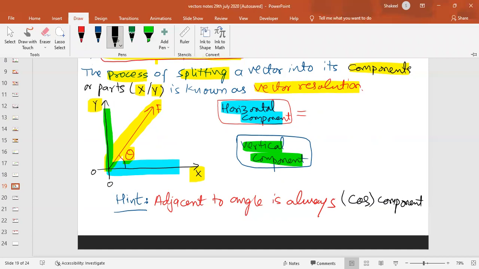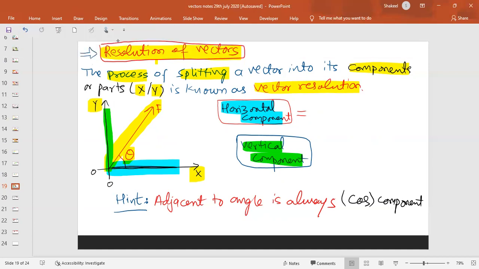First of all, you have to see that this component which will be acting along X-axis, that is adjacent to angle, that is always cos, F cos theta. So this is equal to F cos theta. And the other component that is acting along Y-axis and that is perpendicular to the horizontal one, that is F sine theta.